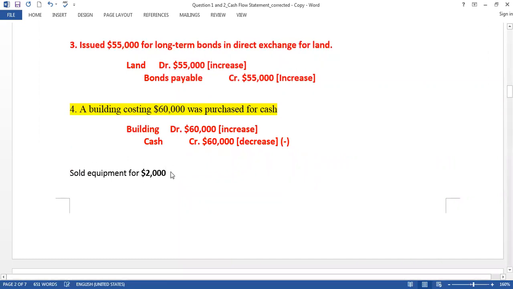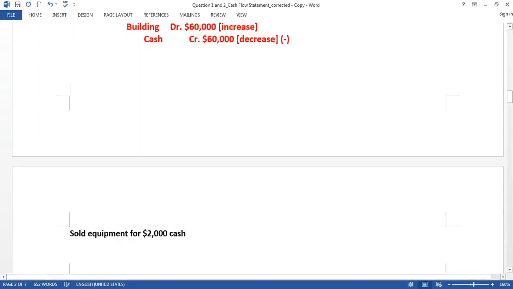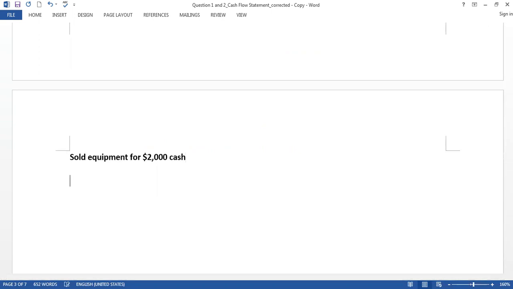You sell equipment for cash. So the journal here is you receive cash debit and equipment credit $2,000. So cash increase $2,000 here.